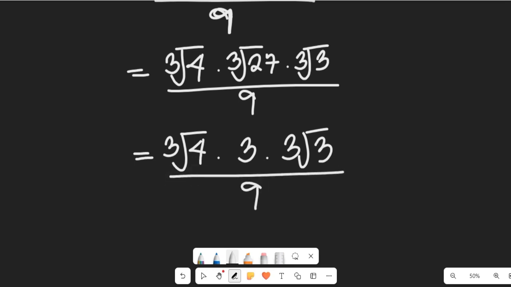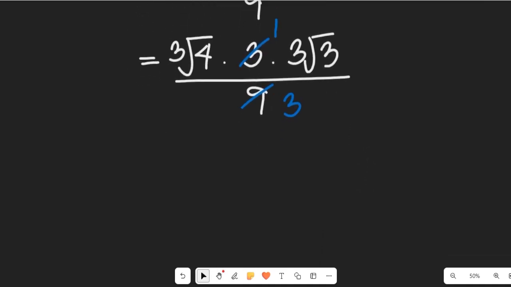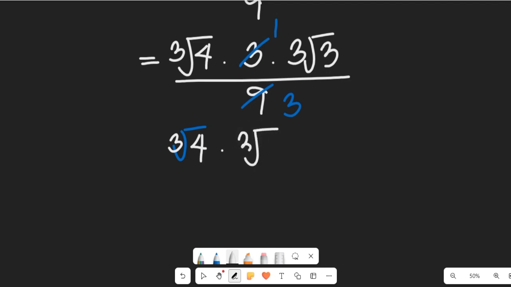Now, what do we see? We can simply simplify this further. 9 here can give me 3, and 3 here can give me 1. 3 here can give me what? 3. So you see, I've reduced that expression. So now I'm going to have the cube root of 4 multiplying the cube root of 3, and all of these will be divided by 3, right?